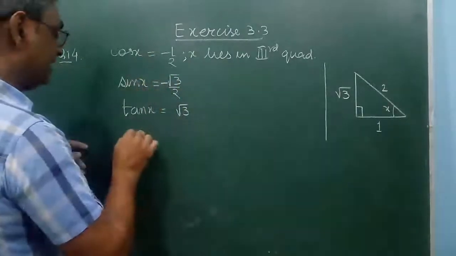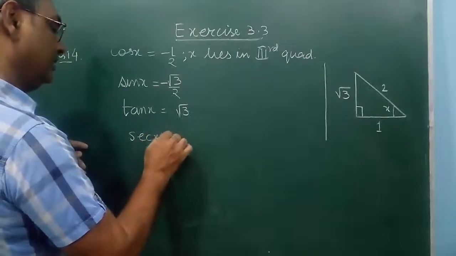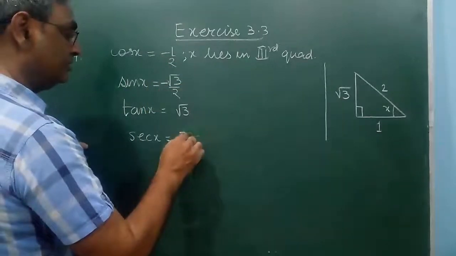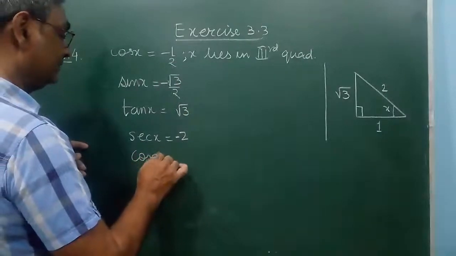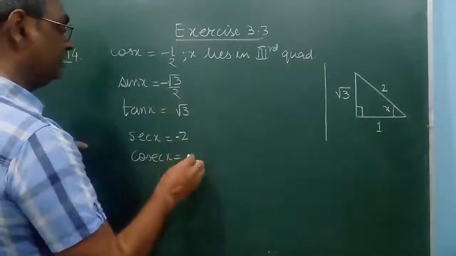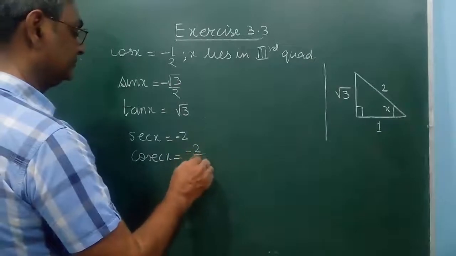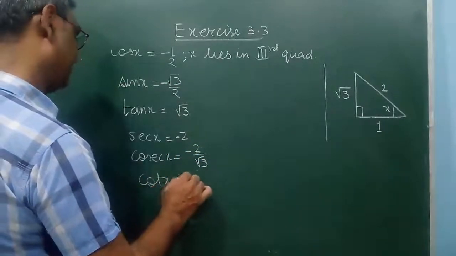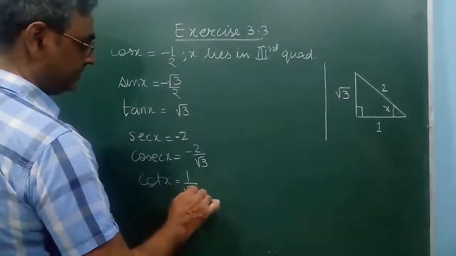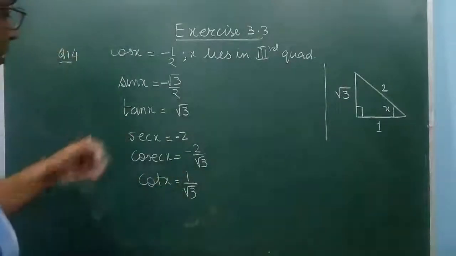So what is sec x? Same sign it will be having. So it will be minus 2, reciprocal of this. Cosec x, reciprocal of this one, and this is cot x, reciprocal of tan value.